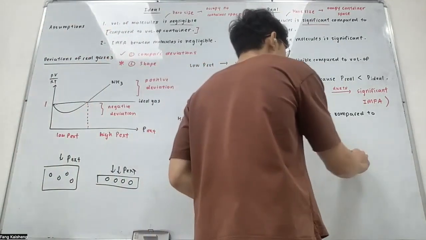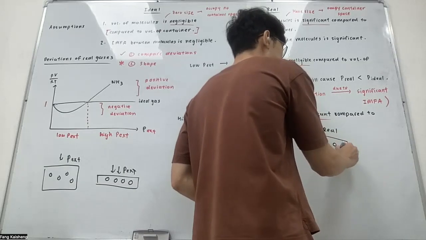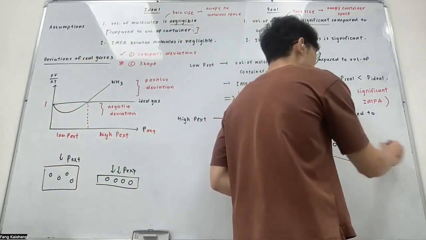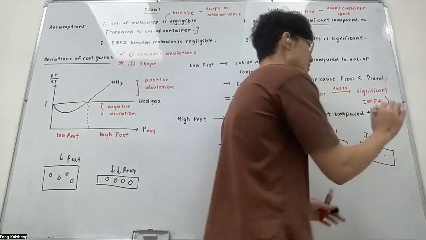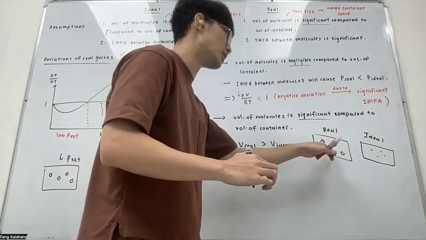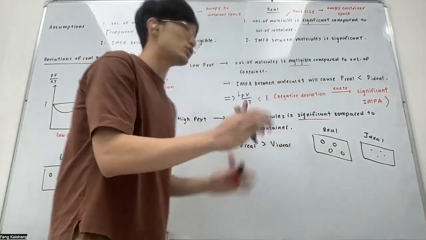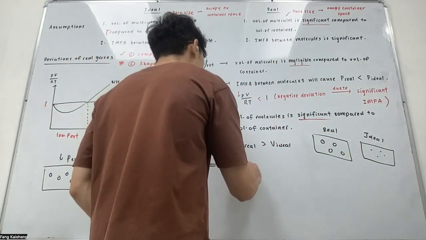If you want another picture, I can show you another picture. A real gas has actual size, so it occupies space. I know it's very hard to draw an ideal gas because ideal gases have no size. I know this has size, but you can already see this occupies more space. So the volume it occupies is more. So I ask you again, is PV over RT of a real gas more than one or less than one?